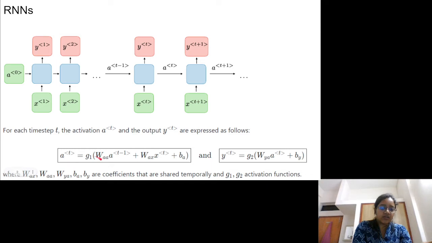Note that the learnable parameters are WAA, WAX, BA, WYA, and BY. That's it. All of these are shared for each word, so they don't change when you change the word number.